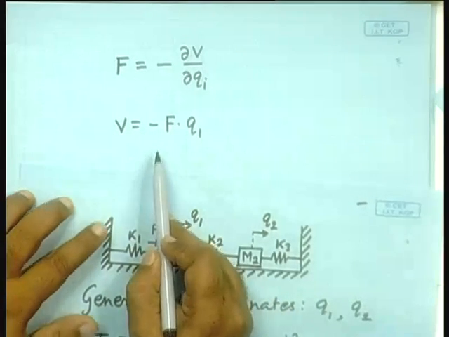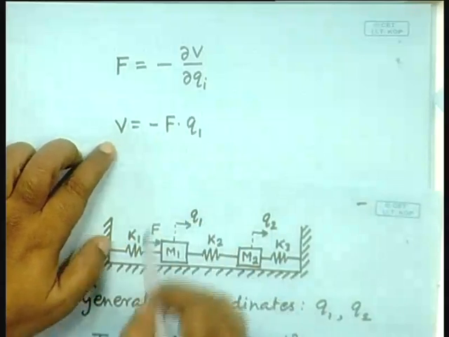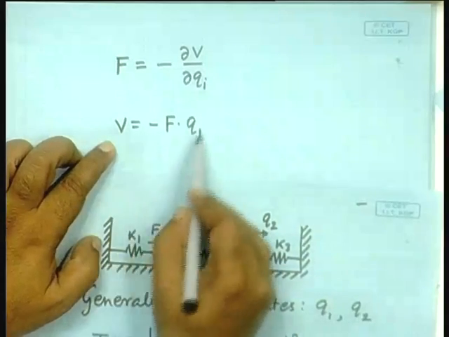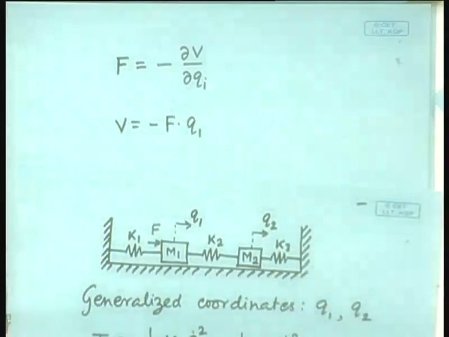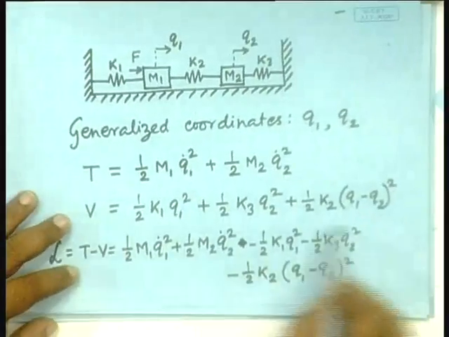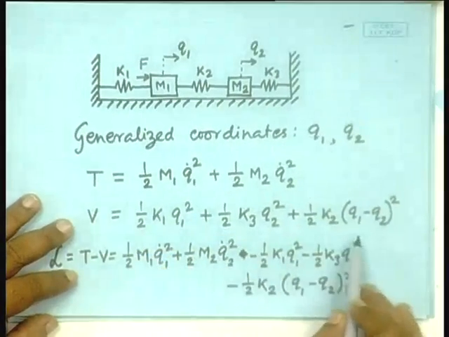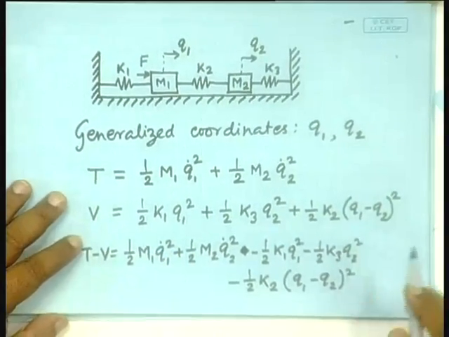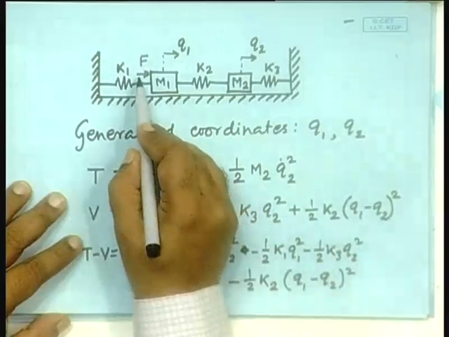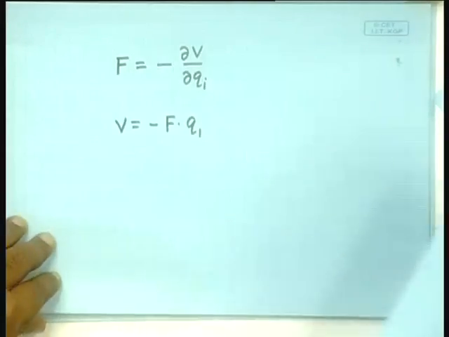If we write it this way, the V due to the applied force is this much, and we have already written the rest of the V function. We will only add this if the force is applied. Let us do it separately.